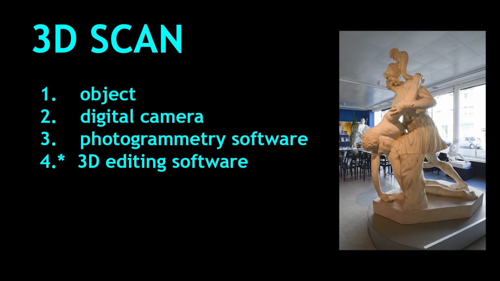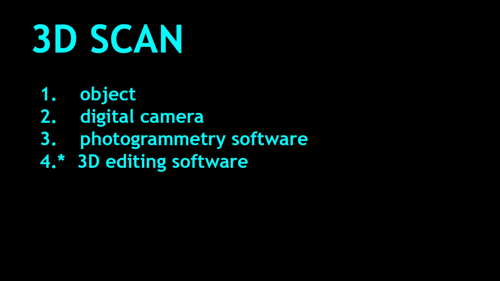So once you've picked a suitable object, the next thing you'll need is a digital camera. A smartphone camera like an iPhone works fine. Ideally, you would have a high-resolution digital SLR or a mirrorless camera. I use a Sony A7R2, which is a 42-megapixel mirrorless camera.